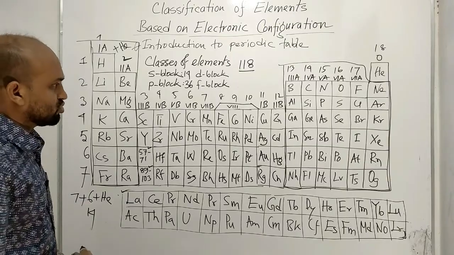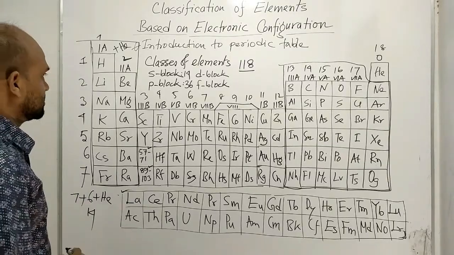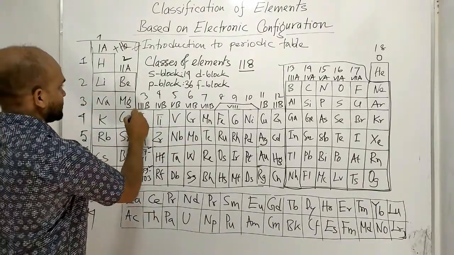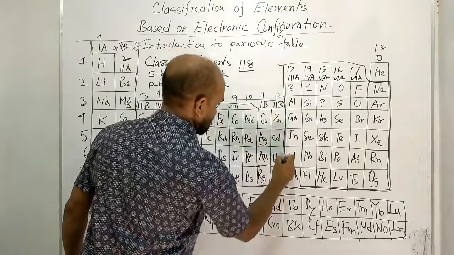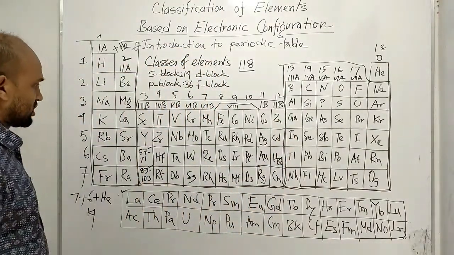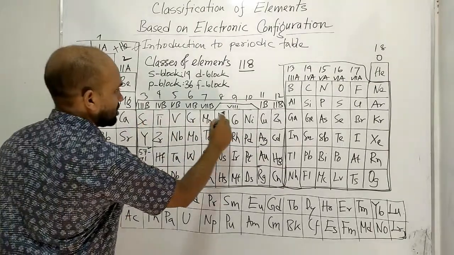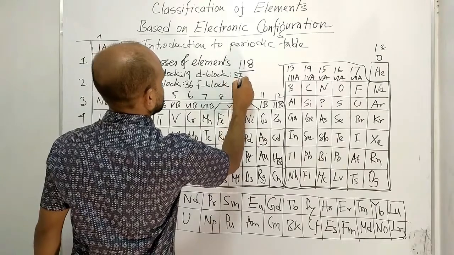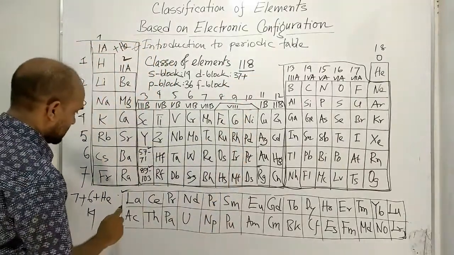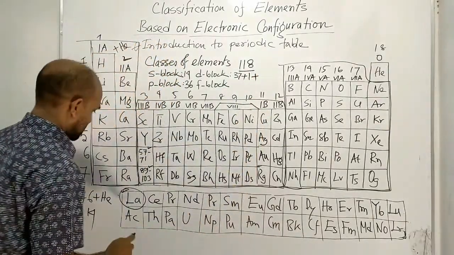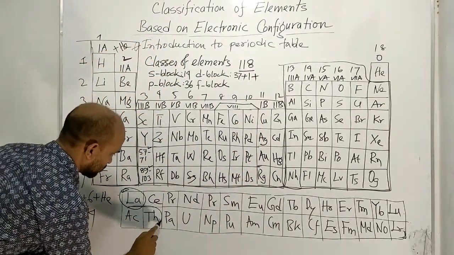Now let's see what are d block elements. The elements in the middle of the periodic table are called d block elements. Here total 37 d block elements, 37 plus lanthanum, 1 d block element, plus these two, actinium and thorium.